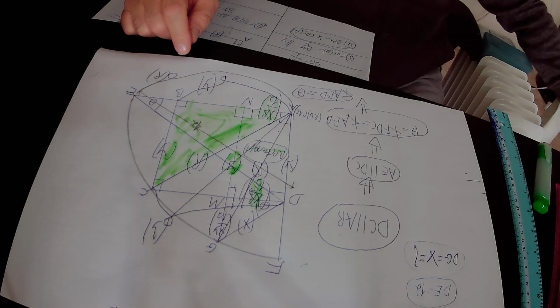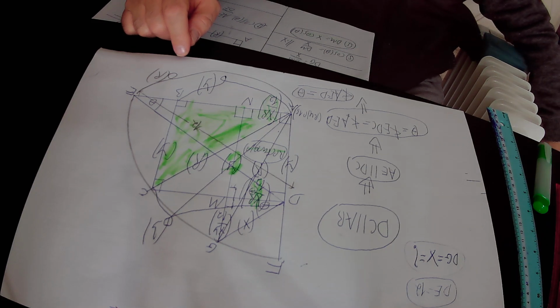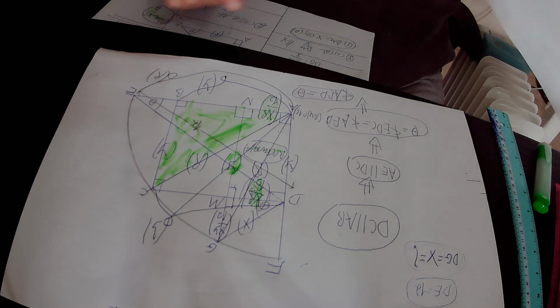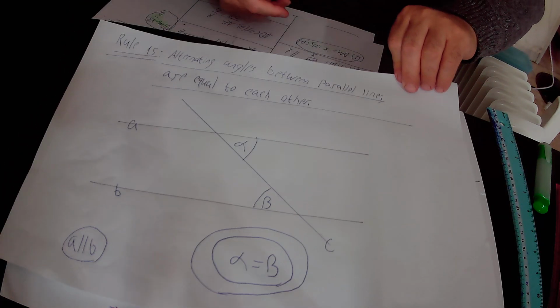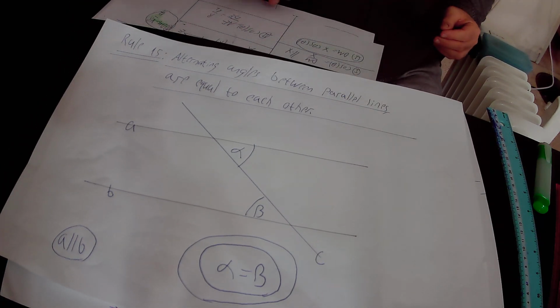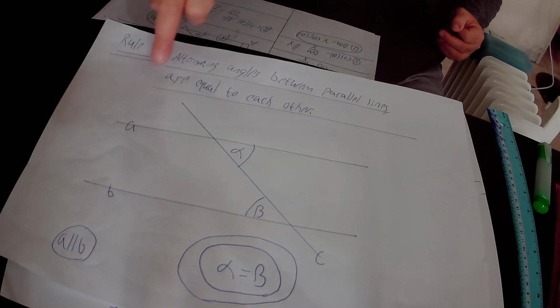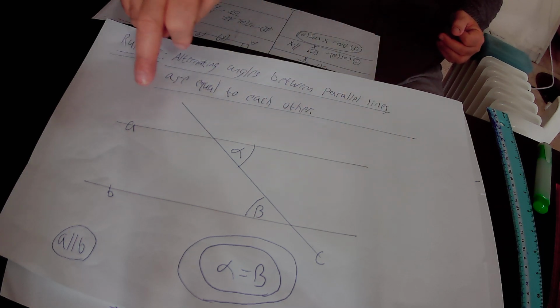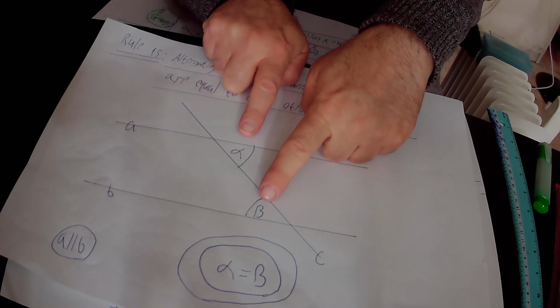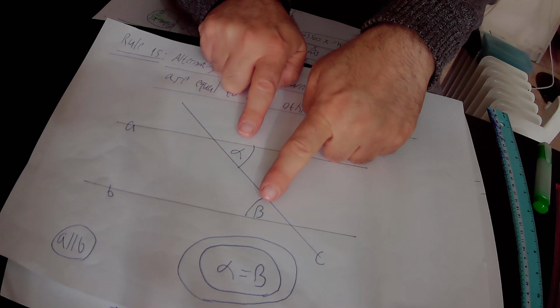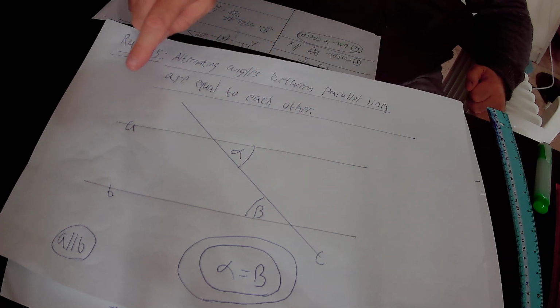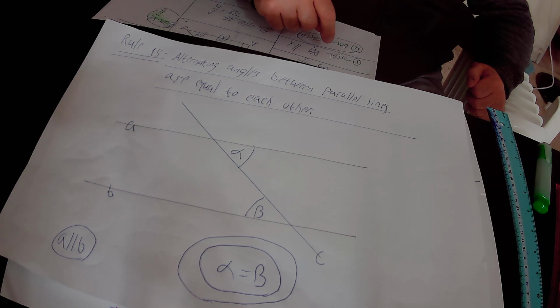According to rule 15, alternating angles between parallel lines are equal to each other. So in the drawing we have line A that is parallel to line B, and those two angles are defined as alternating angles, and they are located between the parallel lines A and B, and therefore they are equal to each other.